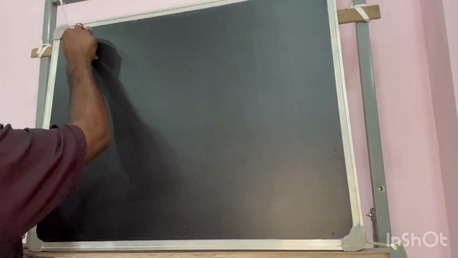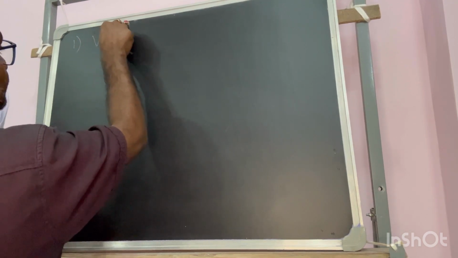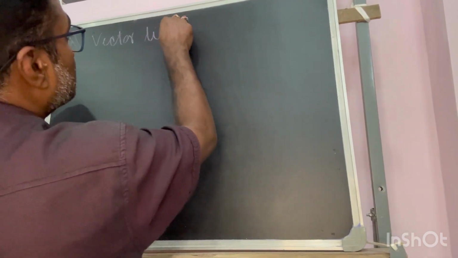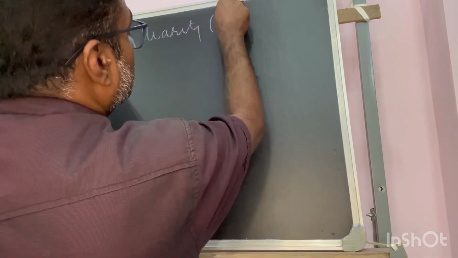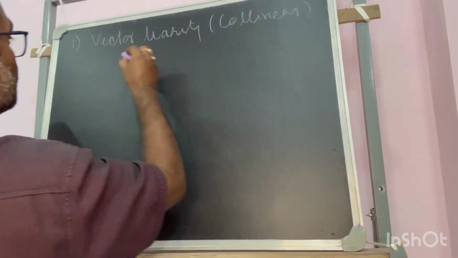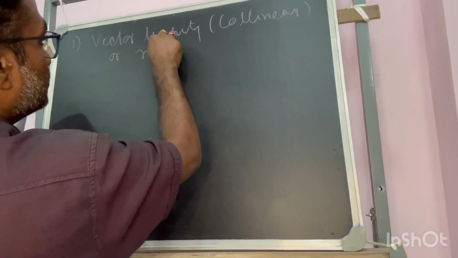If two vectors are collinear, in that the topics that should be discussed, that is the vector linearity, that means they are collinear. So this is the first topic, and opposite that is non-collinear.